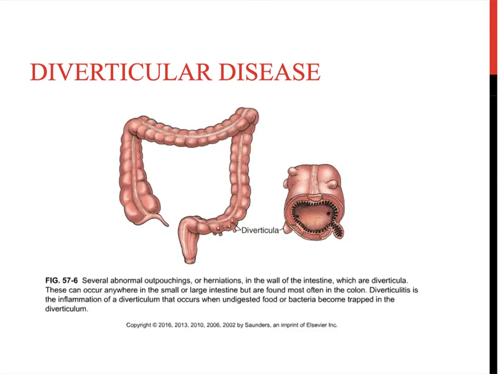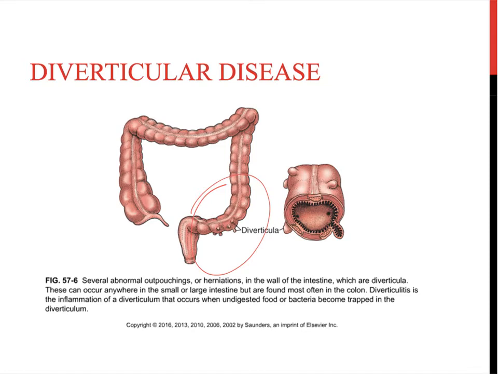This is just a picture of the diverticuli, what they look like. So this is the presence of diverticuli. They're not inflamed here. Essentially, if somebody has these pouches, to prevent them from becoming inflamed, they need to increase their fluid intake. They need to prevent constipation.